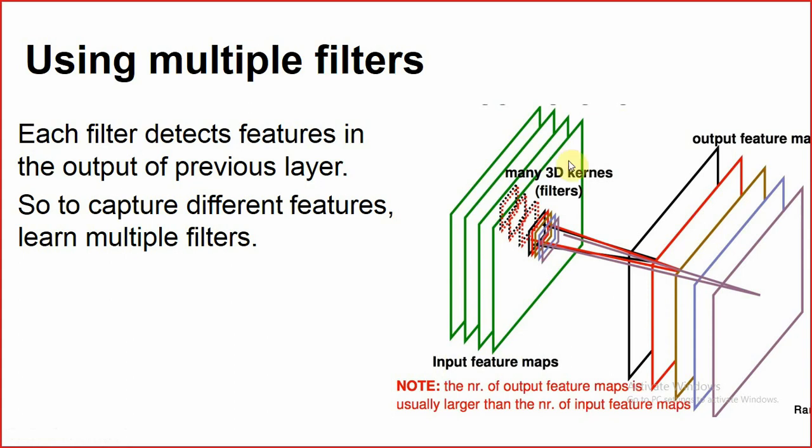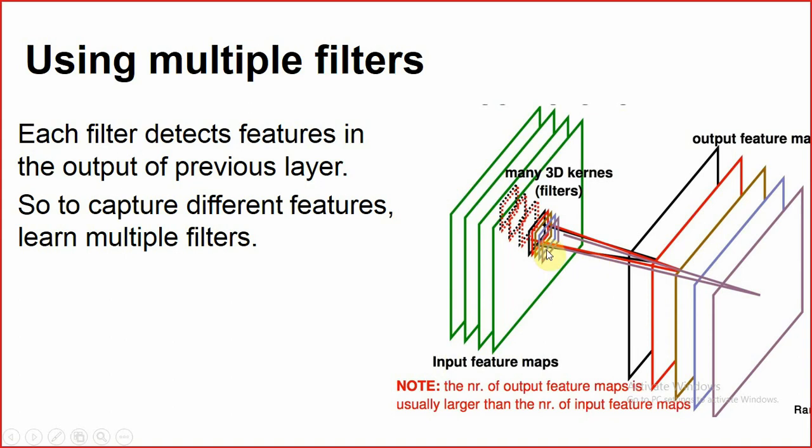Here, as you can see, we use different colors, and each of these rectangles with a different color means that we use different filters, and all of them are applied to all of the channels. For example, in RGB, we apply the same thing across RGB, and if it is more than 3, we apply the same filter to the next ones.